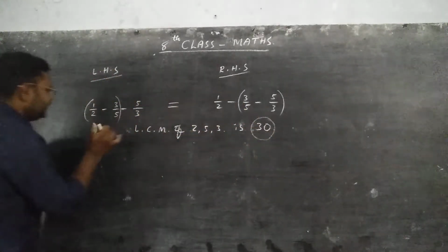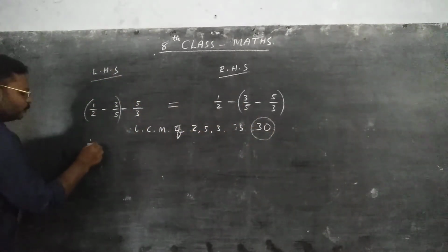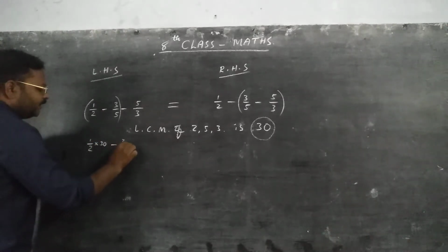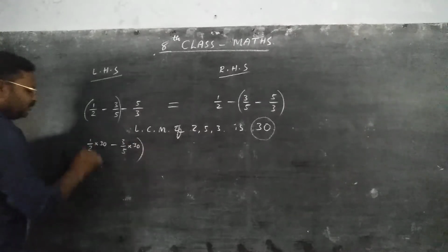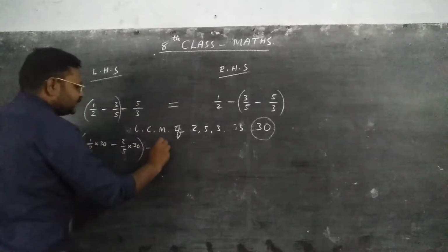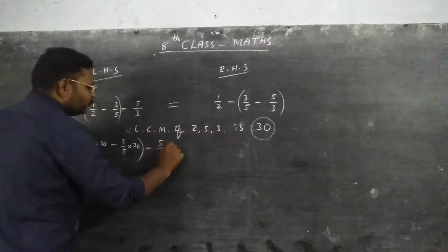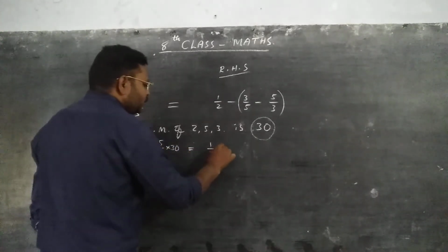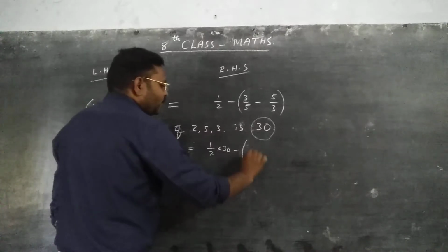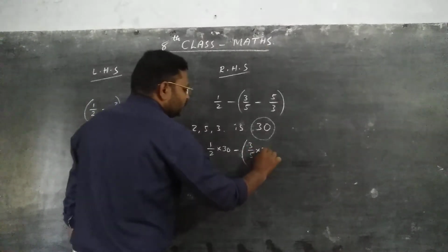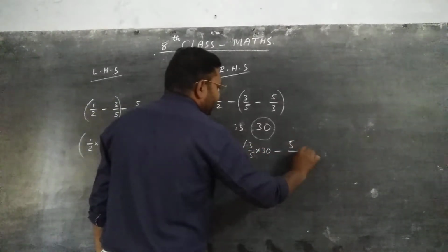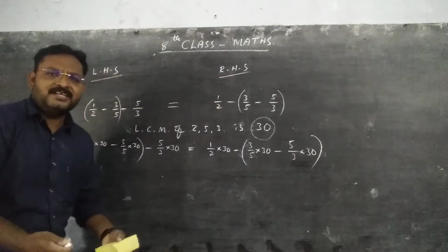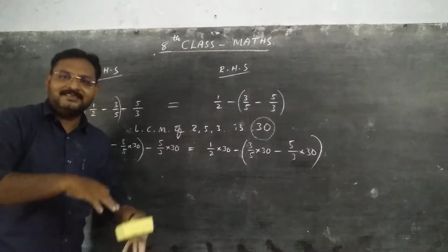Take this 30 and multiply: (1 by 2 into 30 minus 3 by 5 into 30) minus 5 by 3 into 30 equals 1 by 2 into 30 minus (3 by 5 into 30 minus 5 by 3 into 30). So every fraction I multiplied with 30.